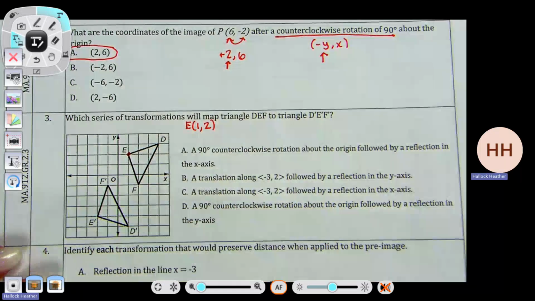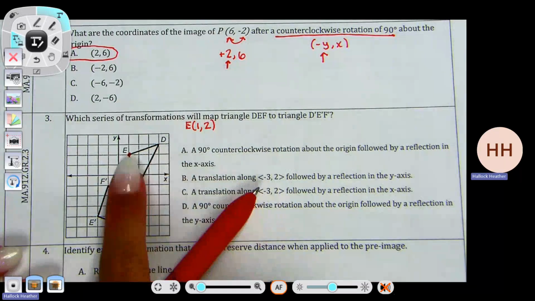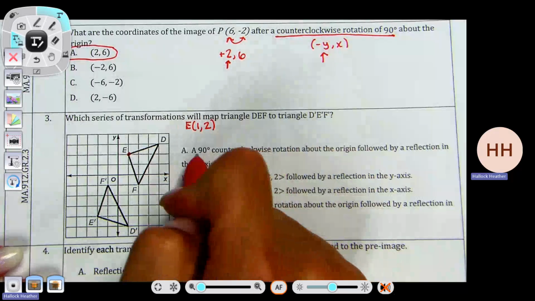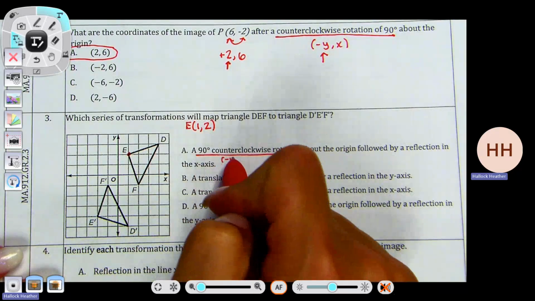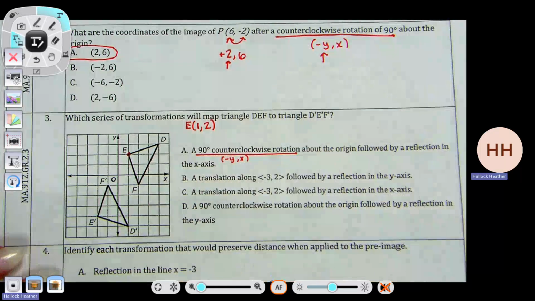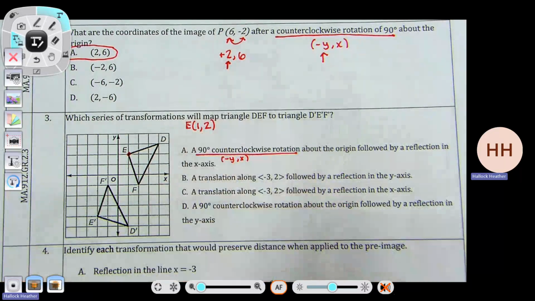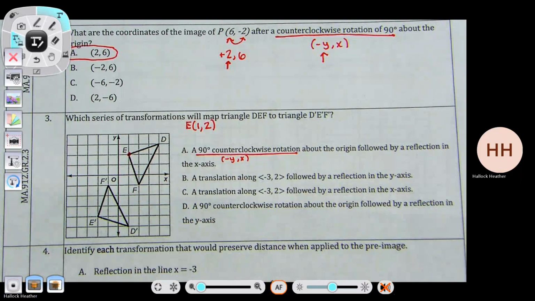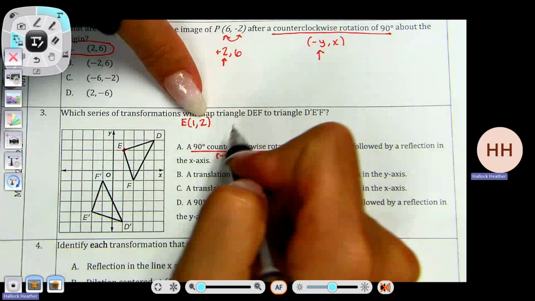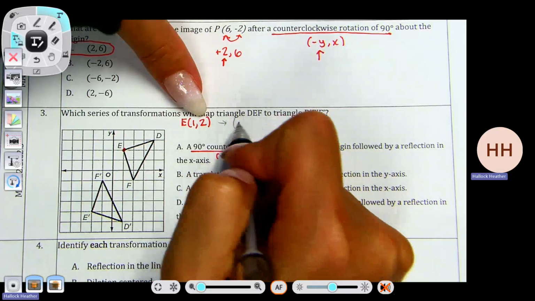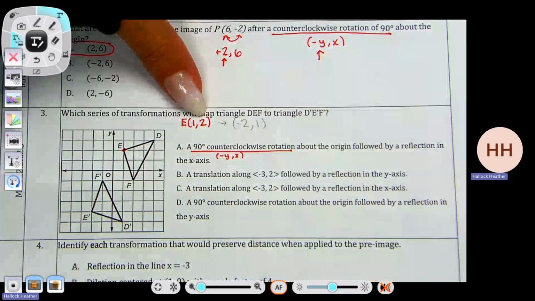And then I'm going to test each rule. If this is where I start, I'm going to start by going 90 degrees counterclockwise. My rule is -y, x. I'm going to use a pencil so I can erase this. If I flip it and I make the front negative, E turns into -2, 1.